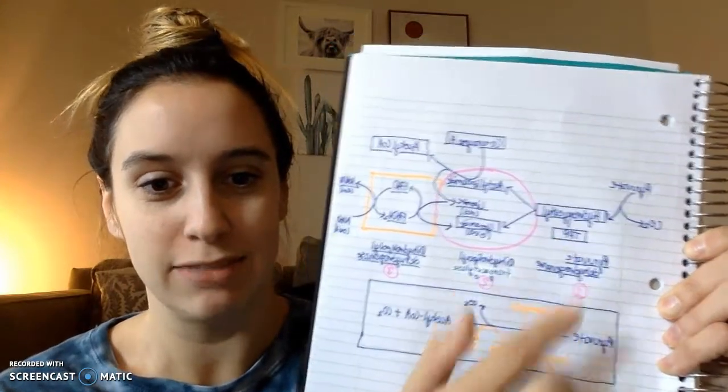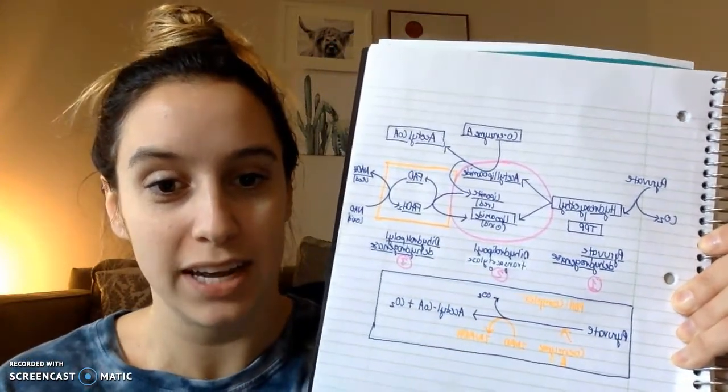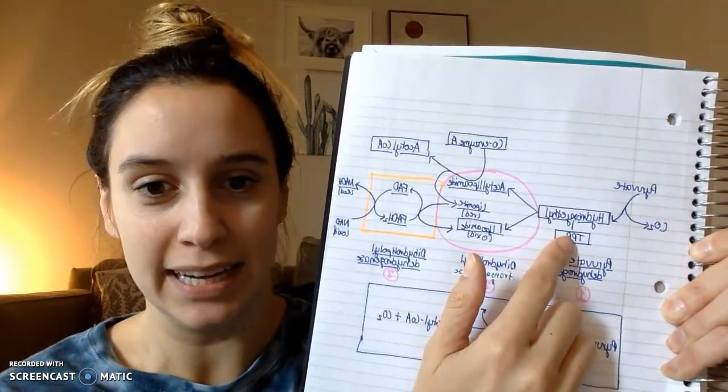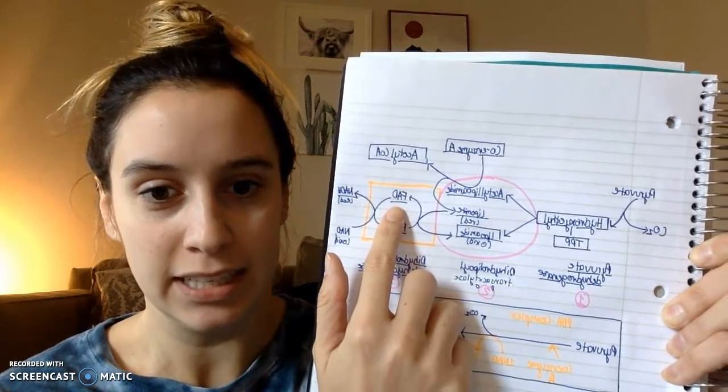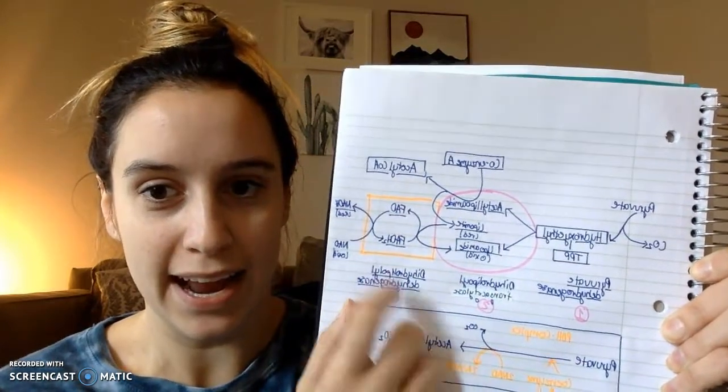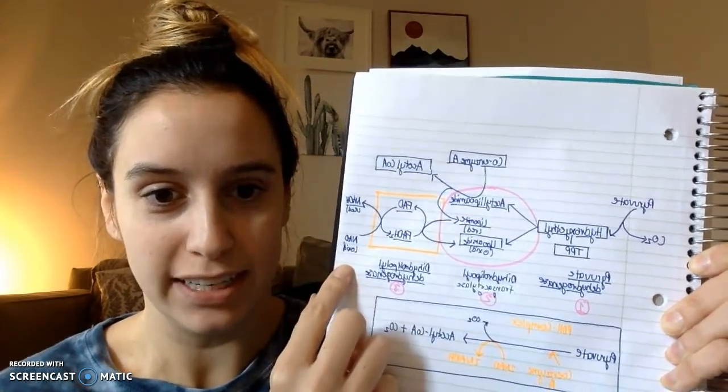In addition to these, 5 cofactors are involved, which are TPP like I just stated, lipoic acid, FAD, CoA, and the NAD plus right here. And they're all stoichiometric cofactors. The conversion consists of basically 3 steps, which are the decarboxylation, oxidation, and then the transfer of the acetyl group to CoA.